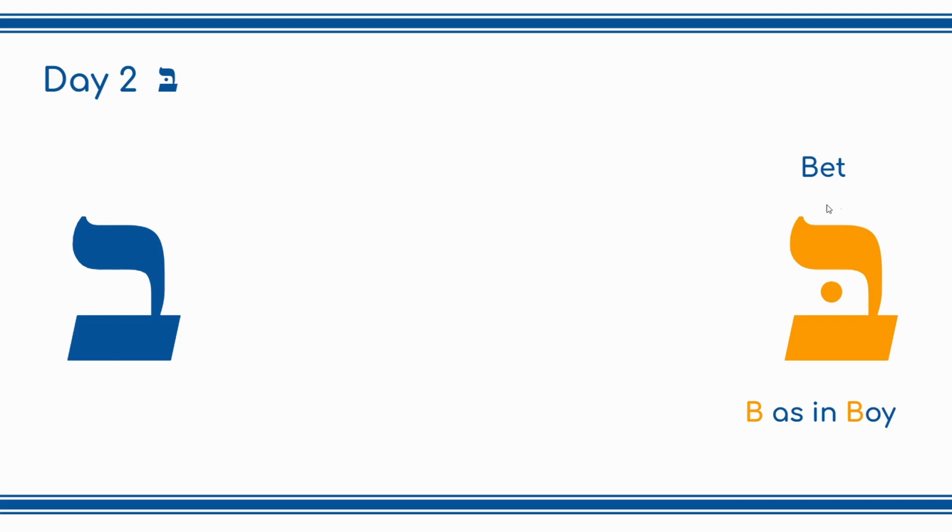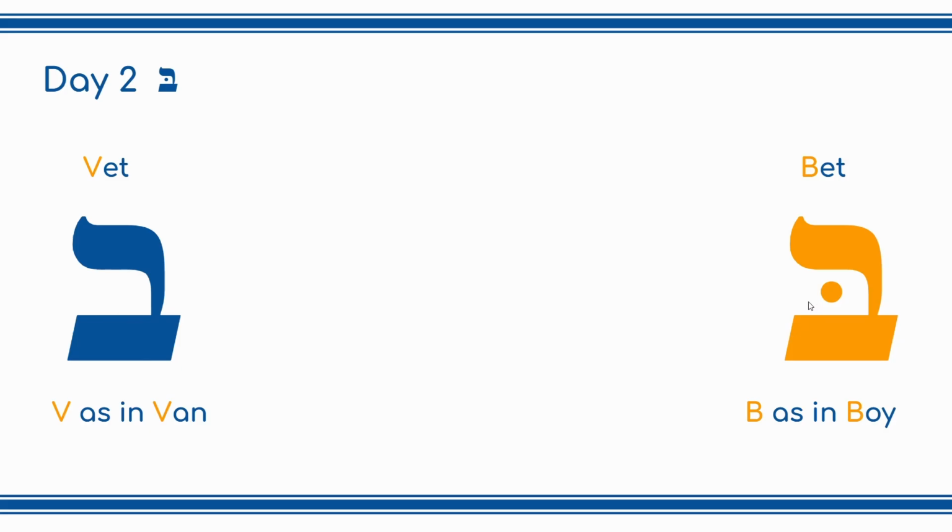Something you should know is that when the letter makes a B sound, the name of the letter is pronounced Bet. And if it's making a V sound, it's going to be called Vet. As you probably noticed, the first letter of the letter's name tells you what sound it's going to make.